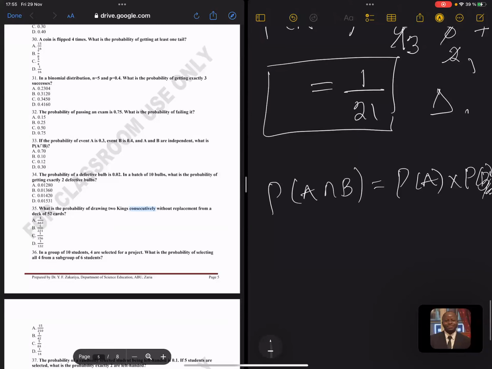Because the 2 events are independent, this is as simple as probability of A, given to be 0.3, multiplied by probability of B, which is given to be 0.4. And this is 0.12, right?